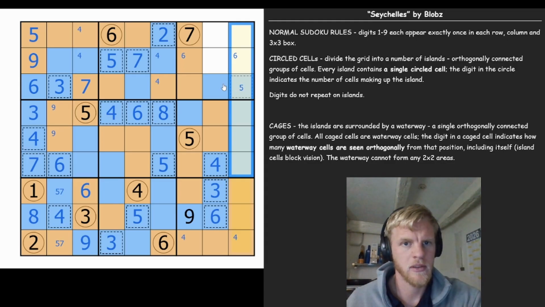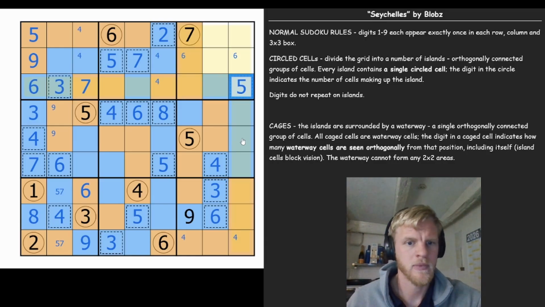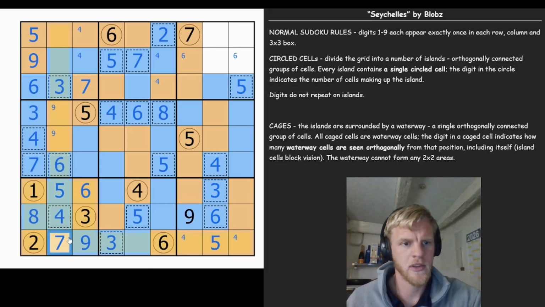With this is 7. 6, so that's a 5. Giving us 5 here by Sudoku. 5, 7. This is already 5.